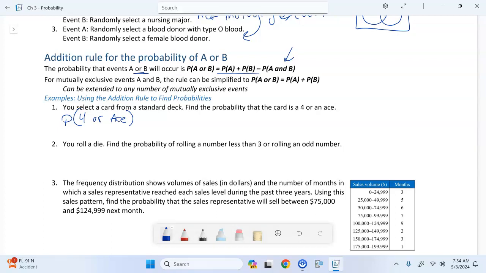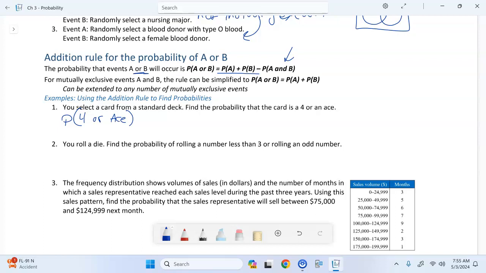It could be either one. So that's when we have to look at, is it mutually exclusive or not? Can they happen at the same time? No. That means it's mutually exclusive. It says "or." You draw a card, and the event is, it's either a 4 or it's an ace.